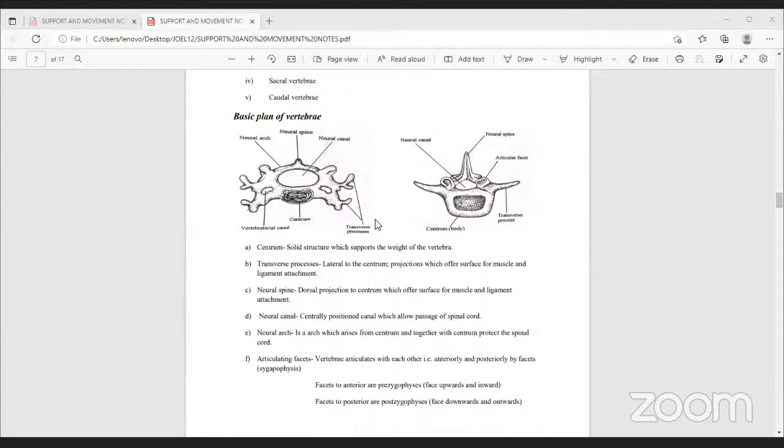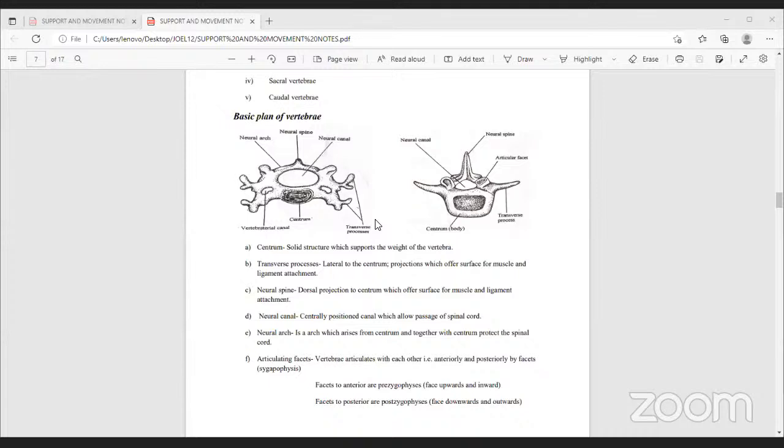You say that it is a centrally positioned canal to allow passage of the spinal cord. The spinal cord passes through the neural canal.